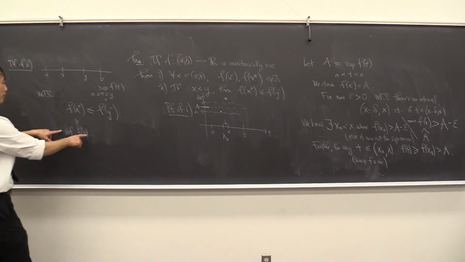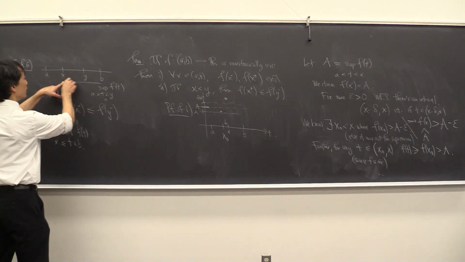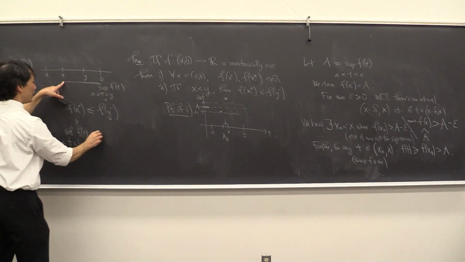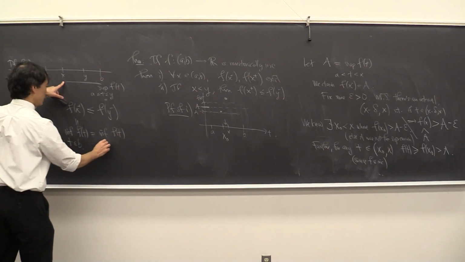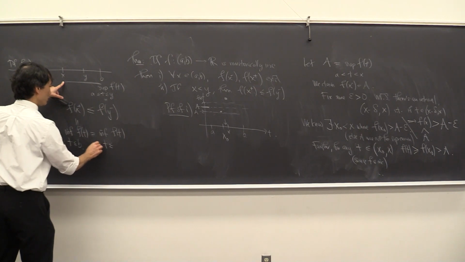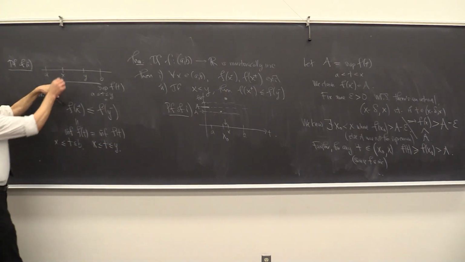But the infimum over this thing here is the same thing as the infimum of f of t as t ranges from x to y. Right?